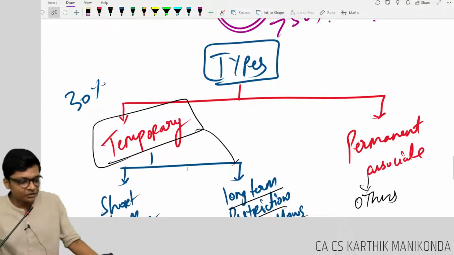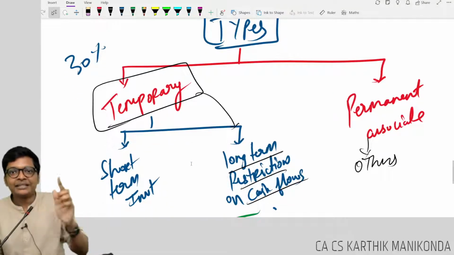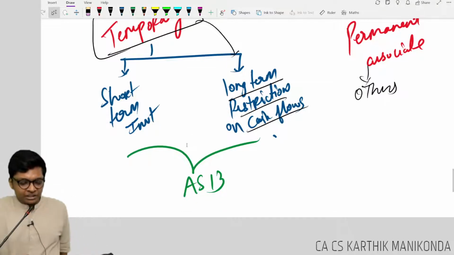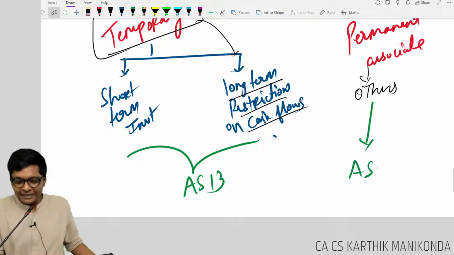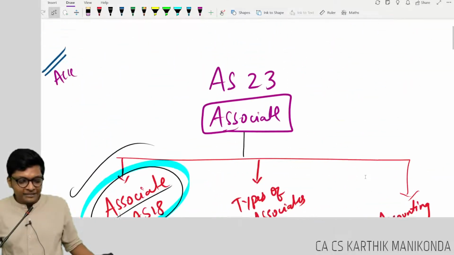So what are the types of associate? Temporary and permanent. What is permanent? Other than temporary. So temporary is short-term or long-term restrictions on cash flow. Account as per AS 13. Then only permanent I will account as per AS 23. Are you following, guys? That is what we have seen here.